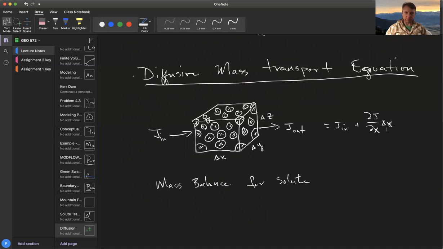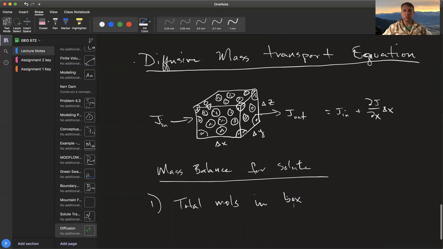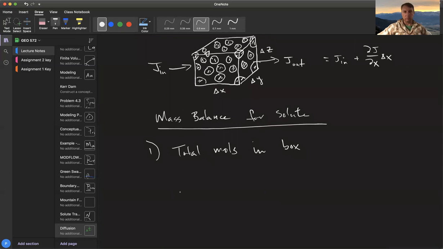Okay, so let's look at the mass balance. Well, the total number of moles in our box would be the concentration in moles per volume, so molarity.